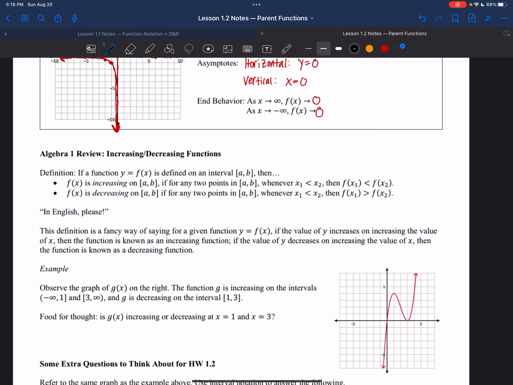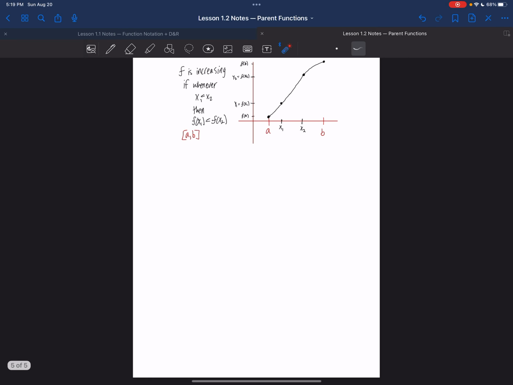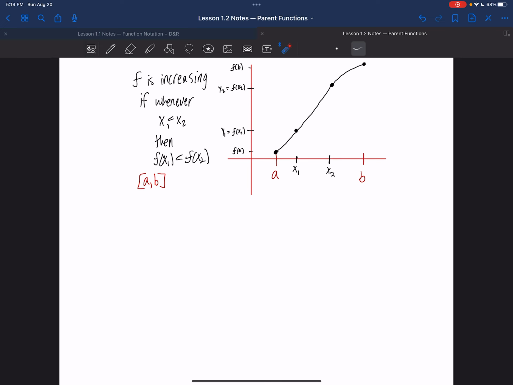What is it meant to be decreasing? Well, keep that idea of reading it to the right. f of x is decreasing on that interval if for any 2 points in AB, whenever x1 is less than x2, so we're still reading to the right, we say that f of x1 is greater than f of x2. So it's kind of a similar situation, right?